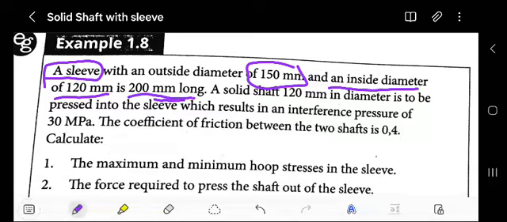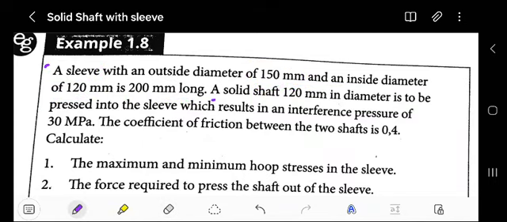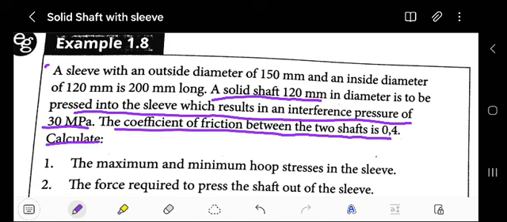A solid shaft of 120 in diameter is to be pressed into the sleeve, resulting in an interference pressure of 30 megapascal. The coefficient of friction between the two is 0.4. Calculate now the maximum and the minimum hoop stresses in the sleeve.